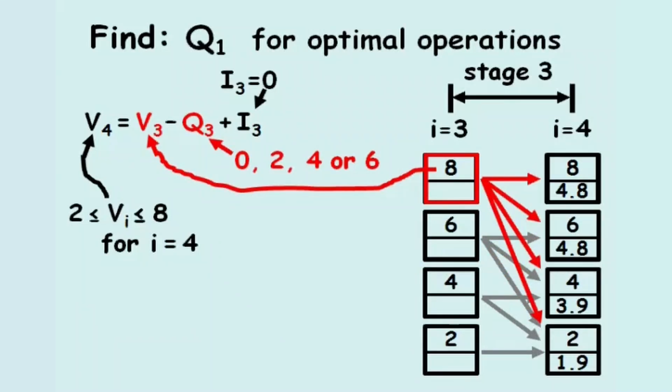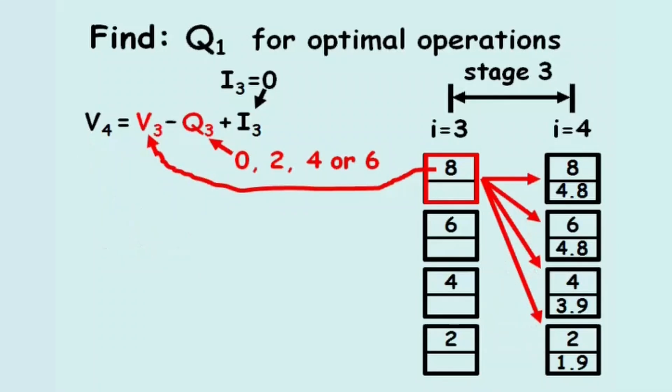As an example calculation for stage 3, we'll determine the optimal release, Q3, for 8 units of water at the beginning of the stage.